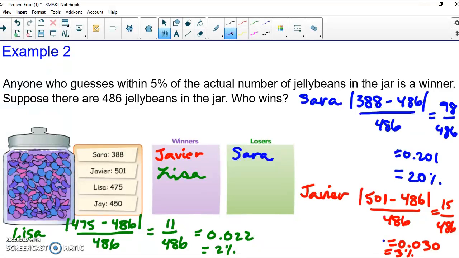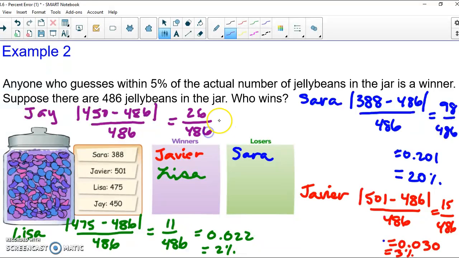And let's check on Jay, see how Jay did with his estimation. He estimated 450. So the estimated amount minus the actual, take the absolute value and divide by the actual. So this is a difference of 26. And 26 divided by 486.